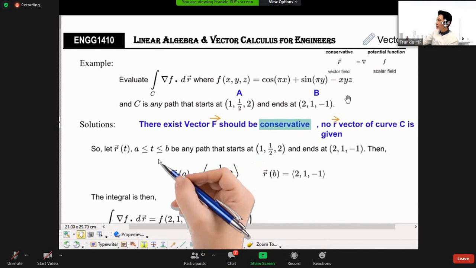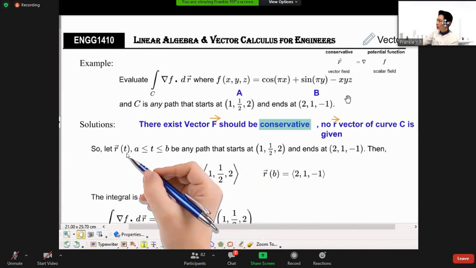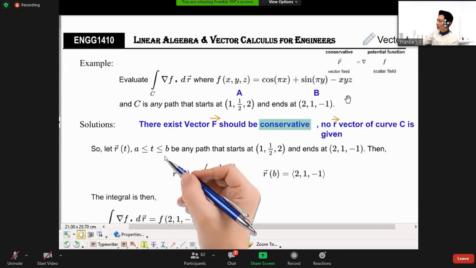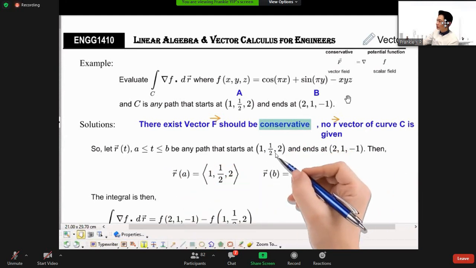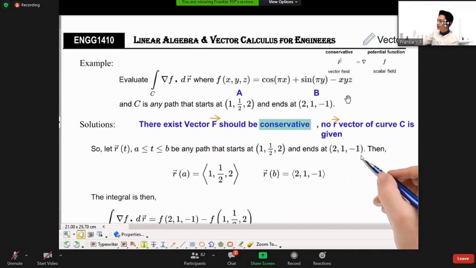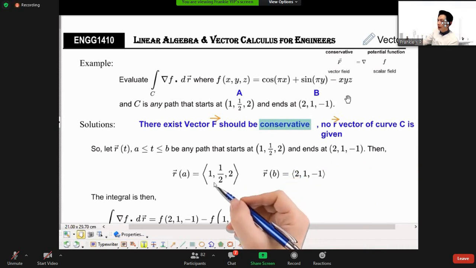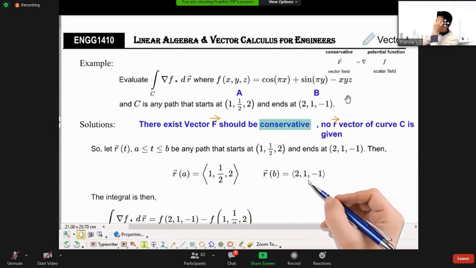So think about the r(t), where t is in between a and b, starting at the point (1, half, 2) to the end (2, 1, negative 1). So r(a) is this, and r(b) is this.